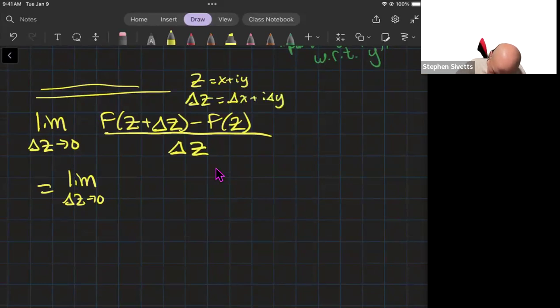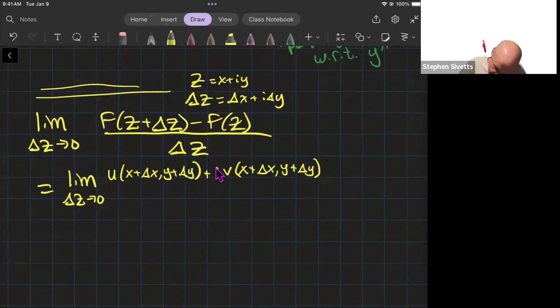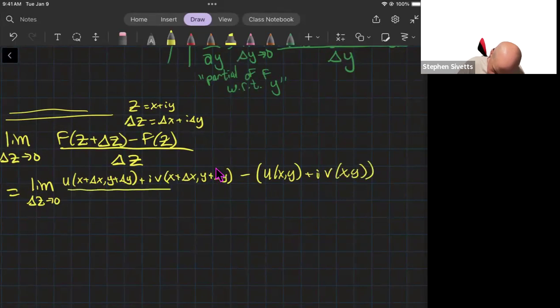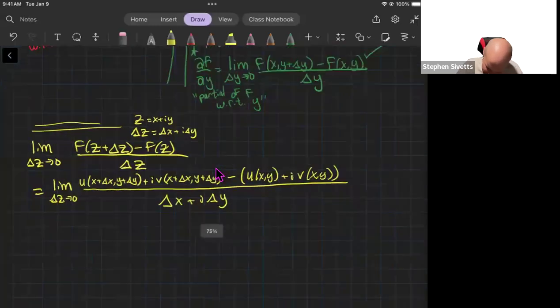So we'll have u of x plus delta x, and then y plus delta y, plus i times v of x plus delta x, and then y plus delta y, minus u of x y plus i times v of x y, divided by delta x plus i times delta y.